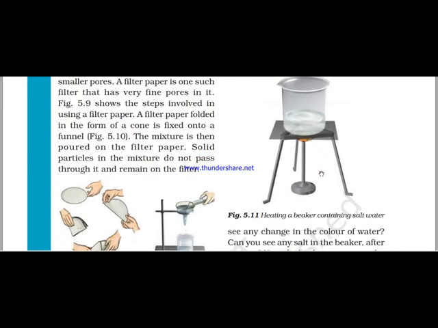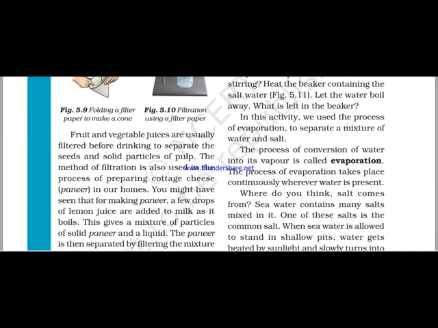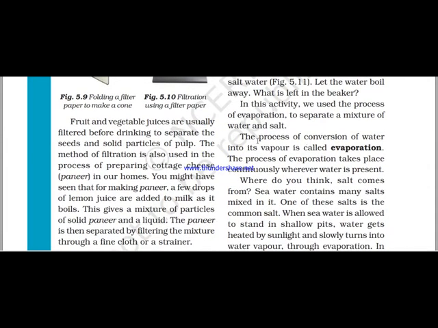Okay students? So what is the definition of evaporation? Evaporation is the process of conversion of water into its vapor. Alright. Now the process of evaporation takes place continuously wherever water is present.